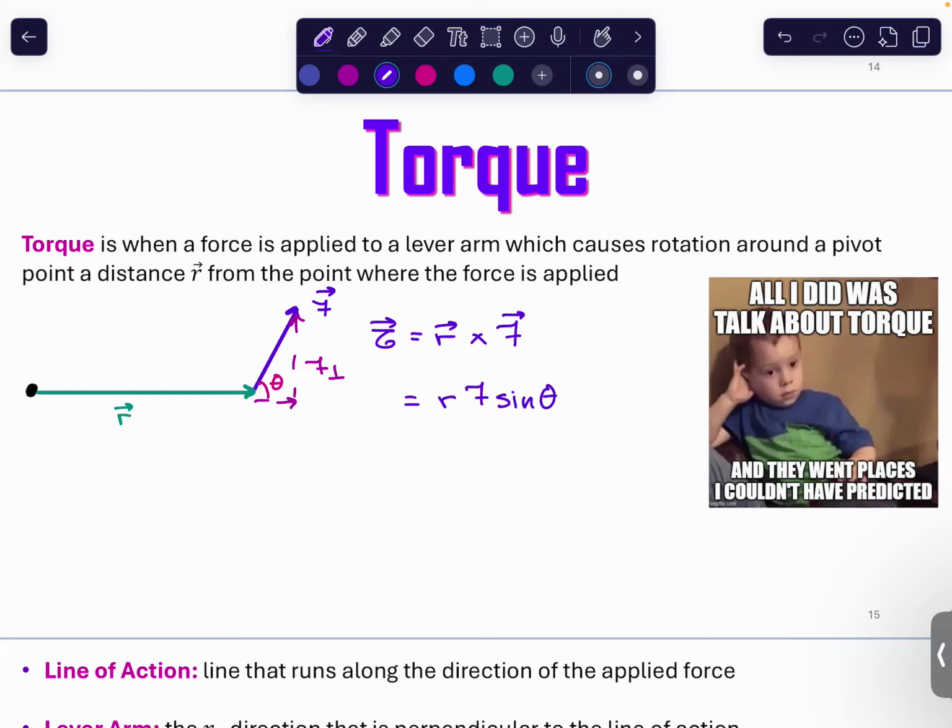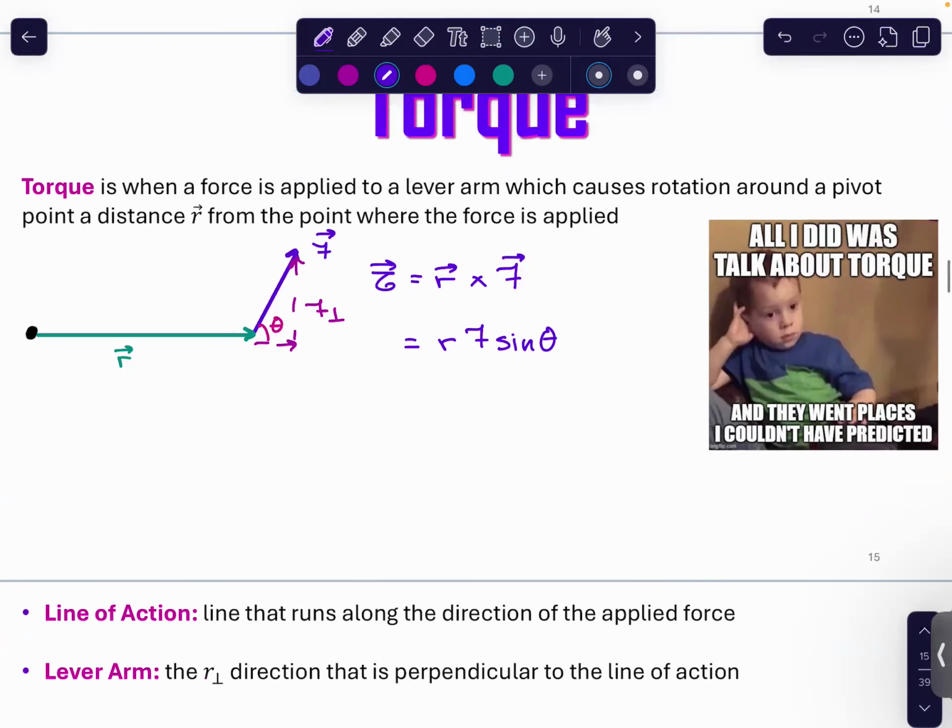In a previous lesson, we looked at the determinant form of the cross product, but we're just going to go for the simple form, the RF sine of theta here, and the theta is the angle between the two based off the position of the perpendicular part of the force vector.